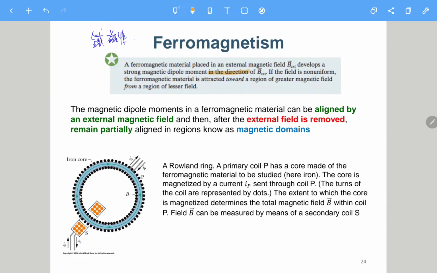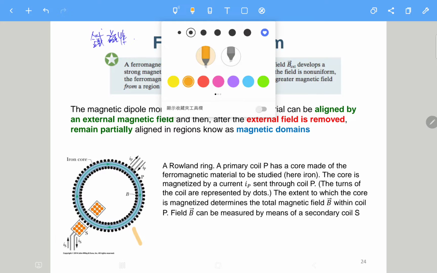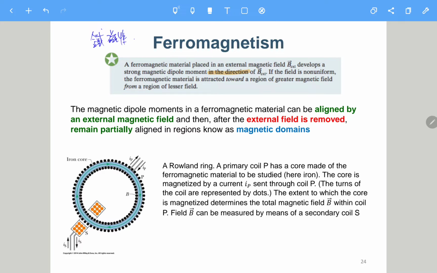So this is P, and this part is the ferromagnetic material. The coil is magnetized by a current IP. We have IP here, sent through the coil P.